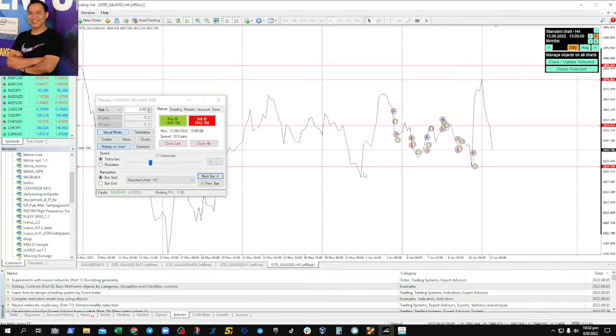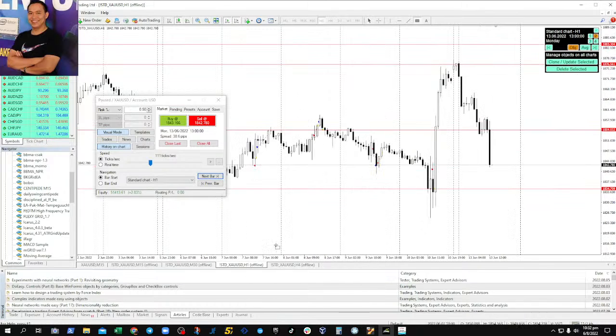Okay. So let's go to H1 to mark the SND level based on our H4 SNR level. So this is the demand zone. Next, our resist supply zone. Then this is our supply zone again.